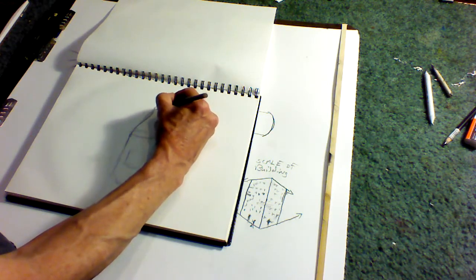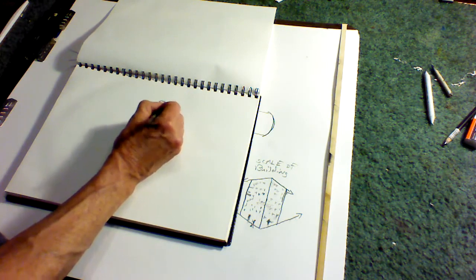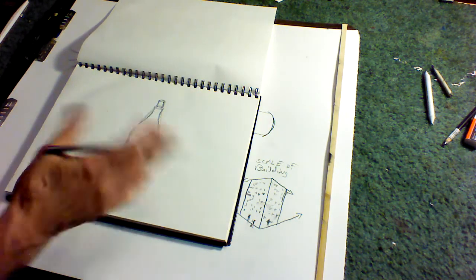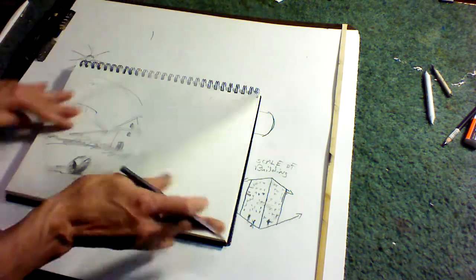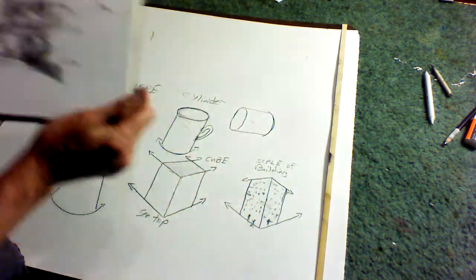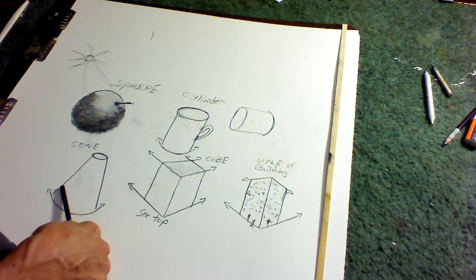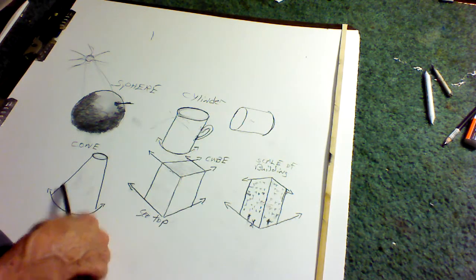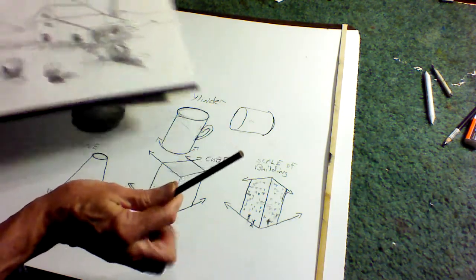If it had a cork in it, that would just be another cylinder sitting up there. So, applications are really quite endless with this. This is the necessary stuff right here. Seems pretty simple, but the application is almost endless.